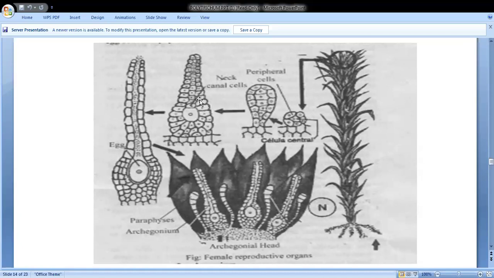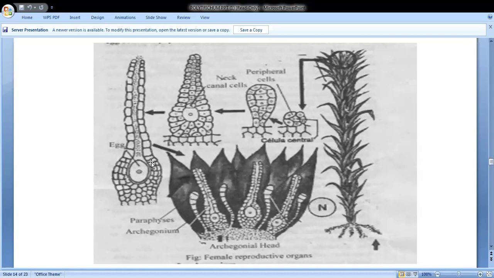These neck canal cells and venter canal cells all dissolve and form a chemical substance in the neck canal. So the egg cell is present when the male gametes enter the archegonium and fertilize the egg cell. As the archegonia develop completely, the neck canal cells and venter canal cells all disintegrate.